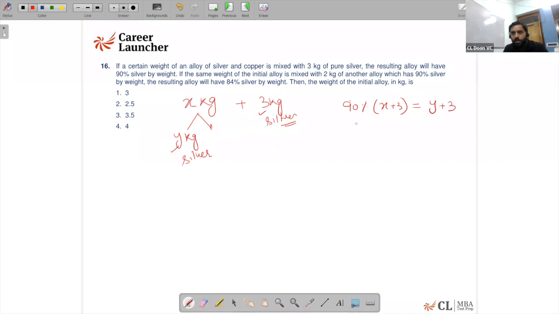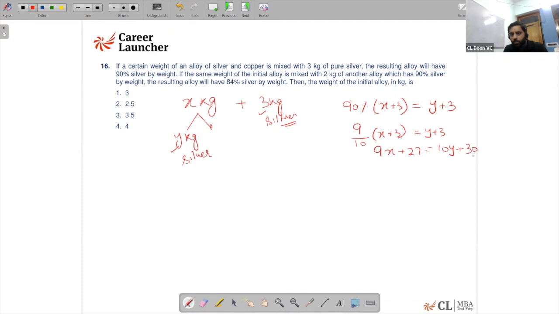So 90% is nothing but 90 by 100, which is 9 by 10. So therefore, 9 by 10 into x plus 3 is equal to y plus 3, which if I take 10 to the right hand side, will become nothing but 9x plus 27 is equal to 10y plus 30.